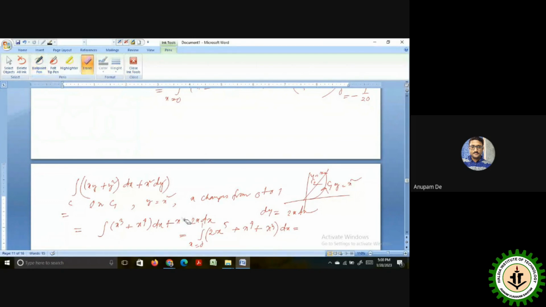This will be x square only. Here you have x square, not x to the 5. This is twice x into x square, twice x cube, right?